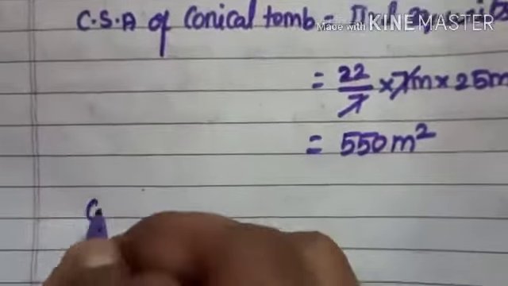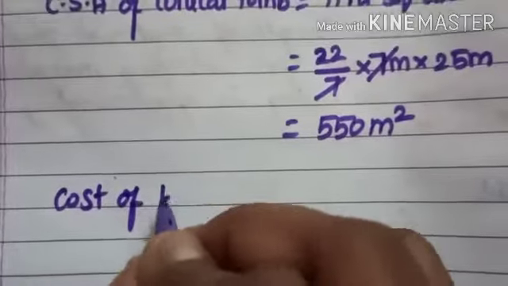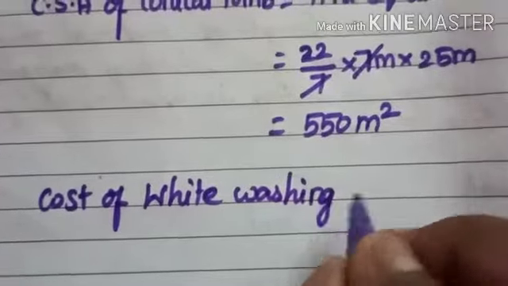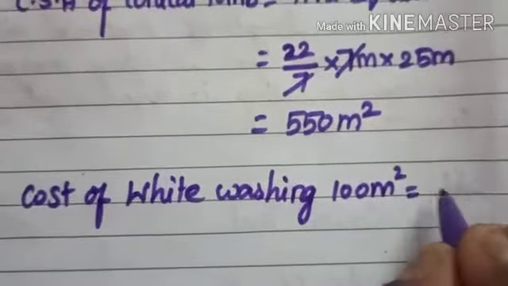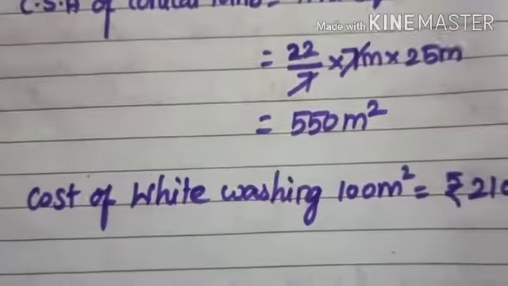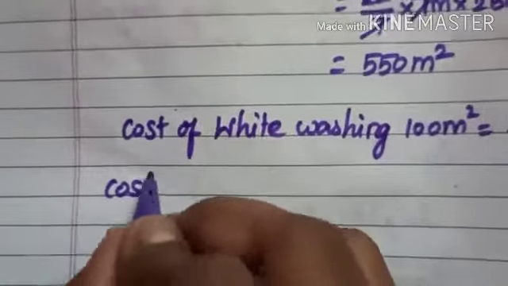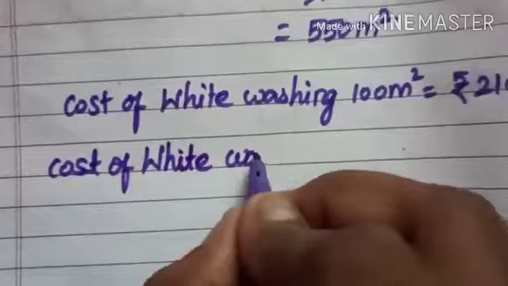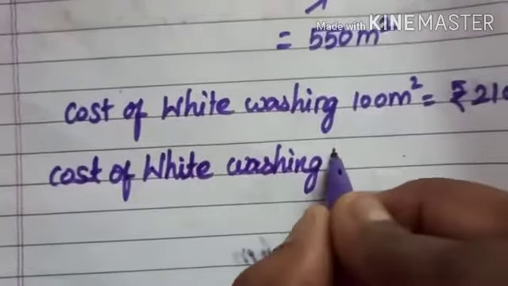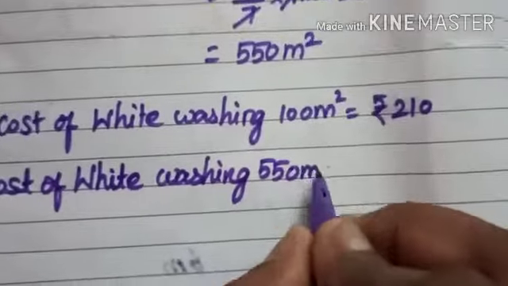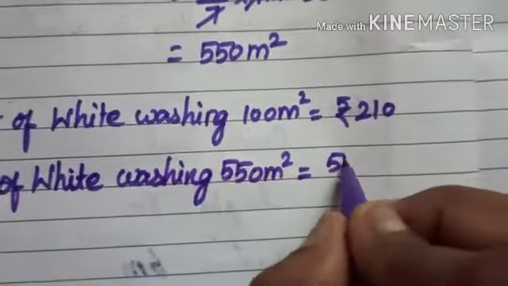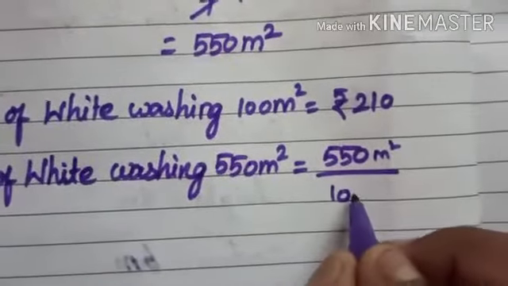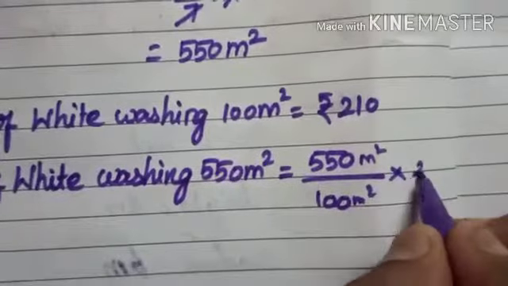The cost of whitewashing 100 meter square is equal to rupees 210. Now you need to find the cost of whitewashing 550 meter square, which is 550 meter square divided by 100 meter square into 210.